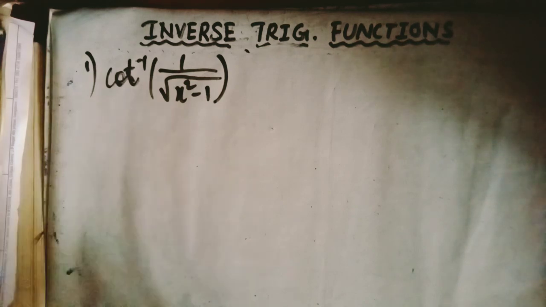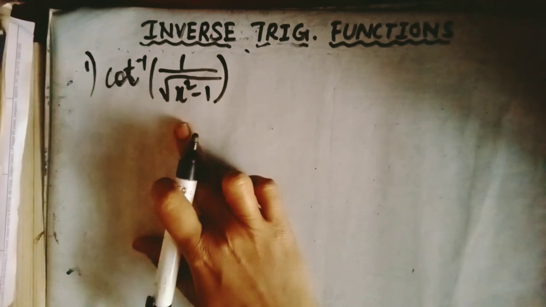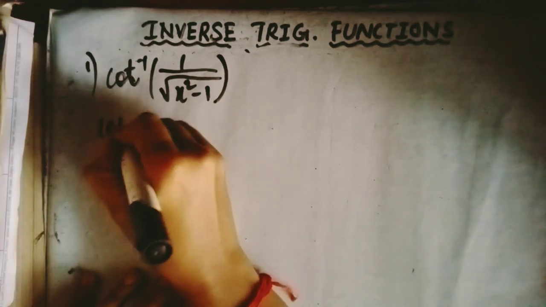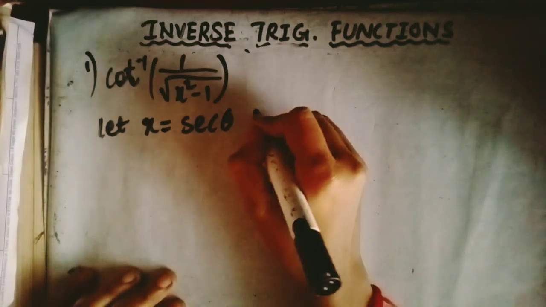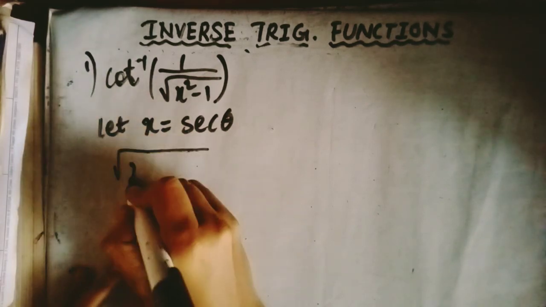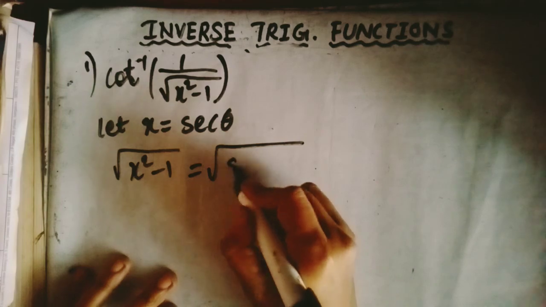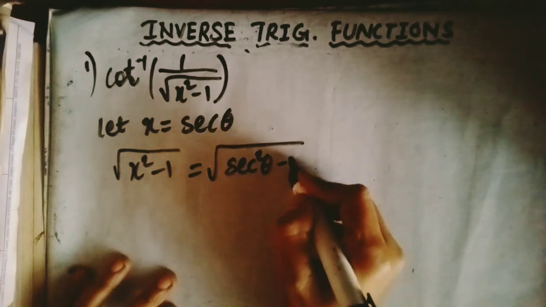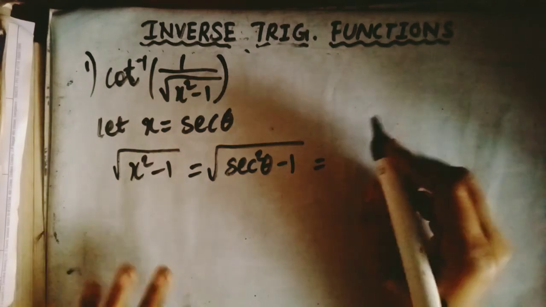So here if you substitute in place of x, sec theta, okay, sec theta. So in place of x square minus 1, it will be root of sec square theta minus 1, which is nothing but tan square theta, using the identity.